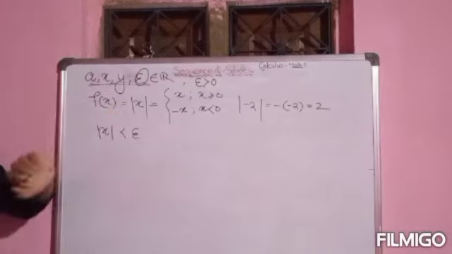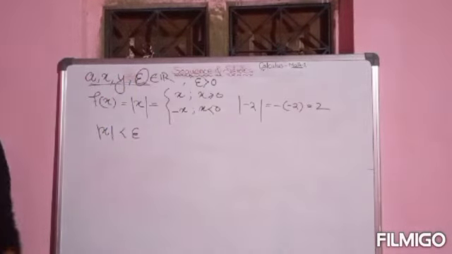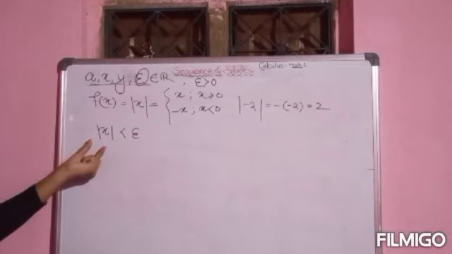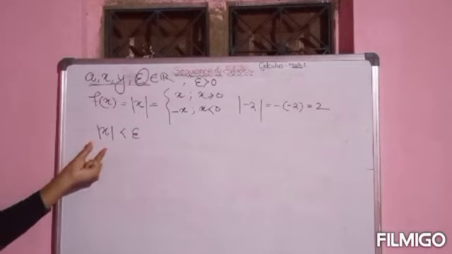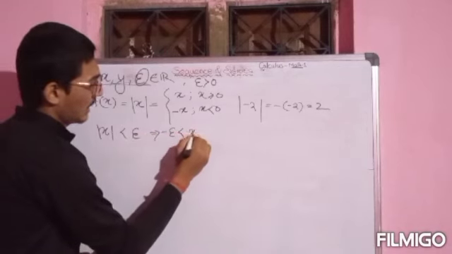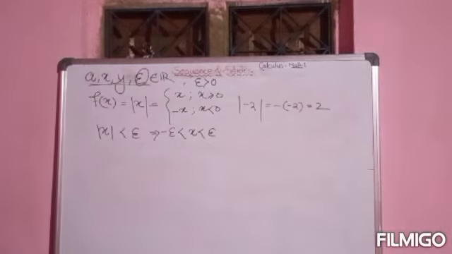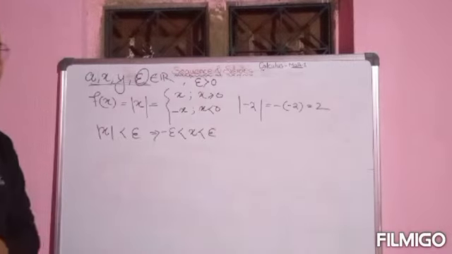These all are real numbers, but epsilon is a positive real number. So if mod x is less than epsilon, can I write that x lies between minus epsilon and epsilon? Do you understand? I did not explain anything yet.